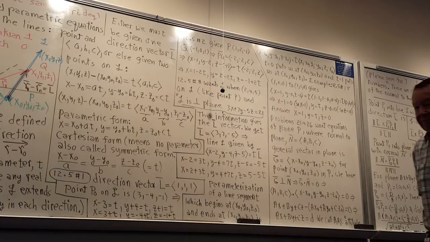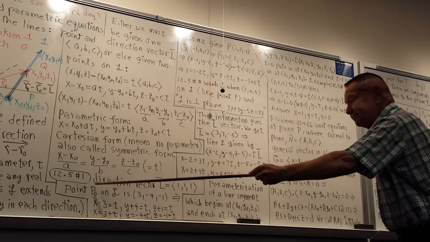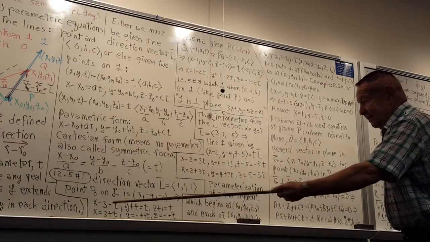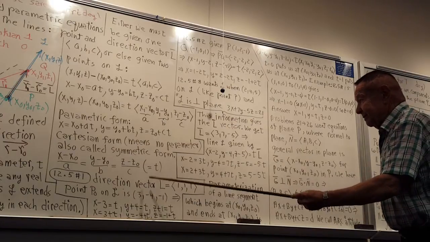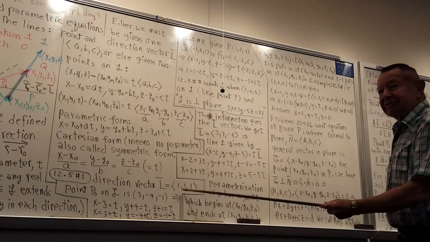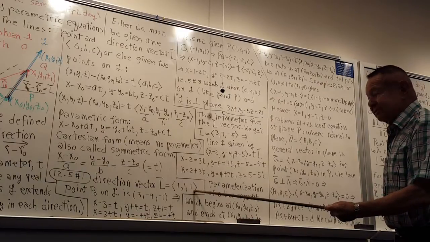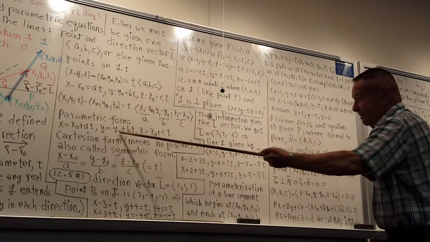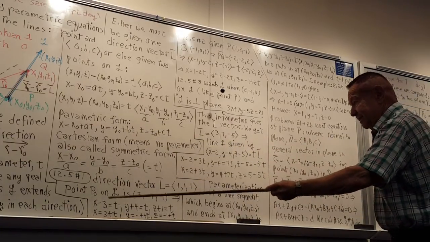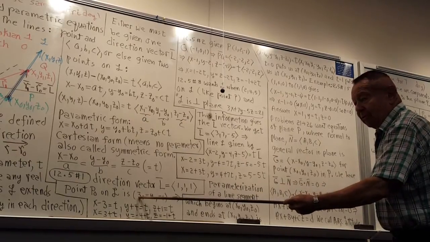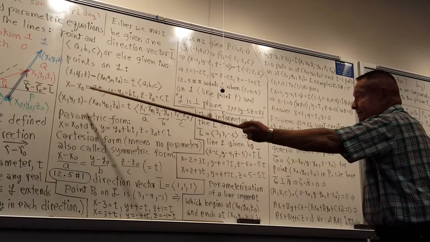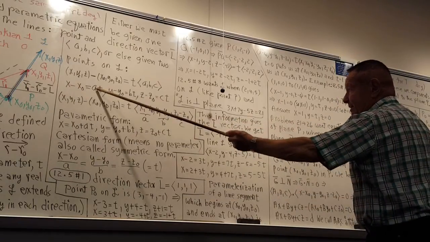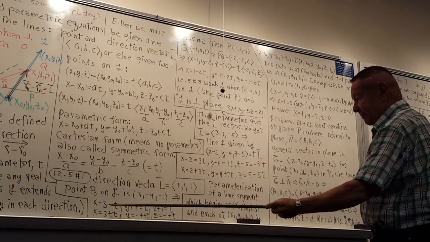Okay, so look at problem 1. So you're given the direction vector and you're given the point. Remember, this is only problem 1, so this one is comparatively easy. You just plug in here, because if this is the point on the line, then this one gives you x minus 3 equals the a, which is the 1.